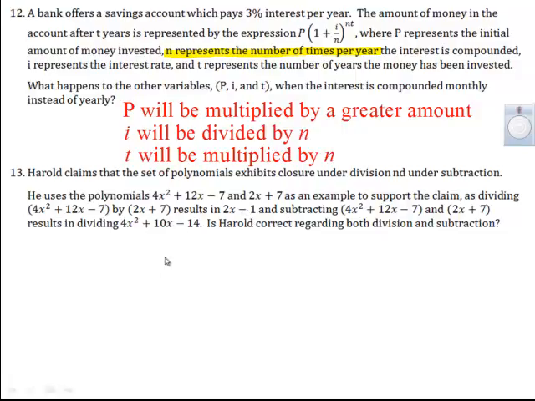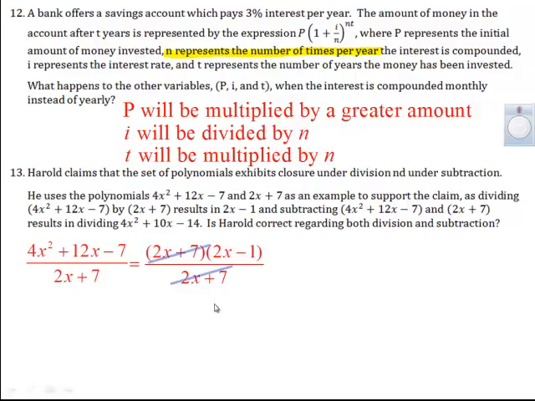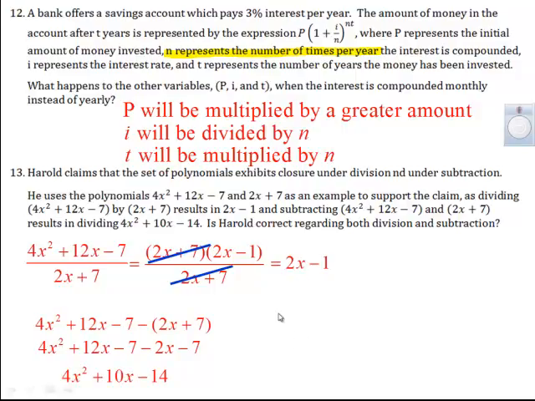If you take two polynomials and divide them, will you get a polynomial? If you take two polynomials and subtract them, will you also get a polynomial? So yeah, these are still polynomials. So since we divide it, we still get a polynomial, and when we subtract it, we still get a polynomial.